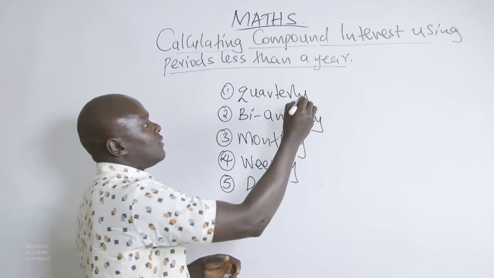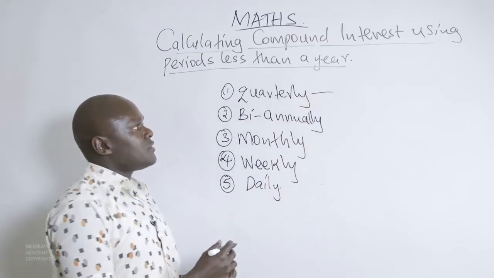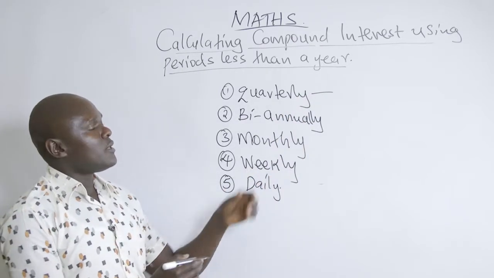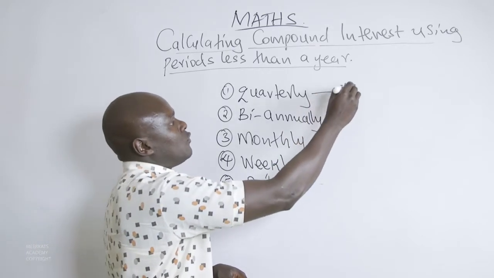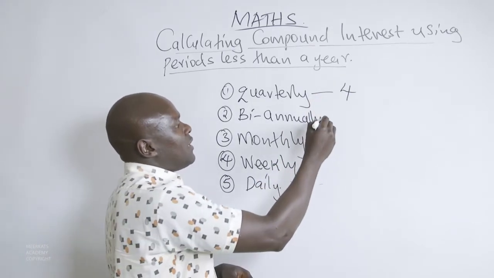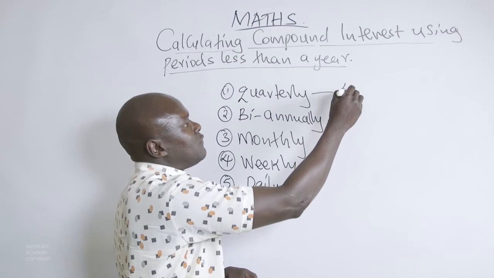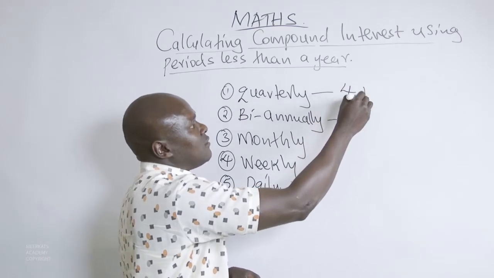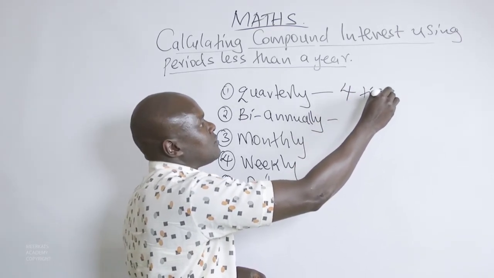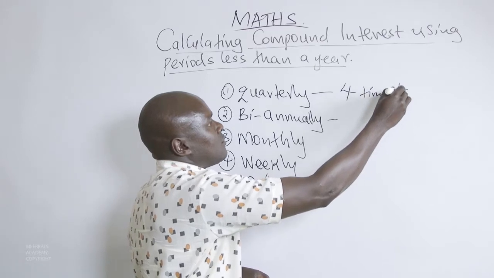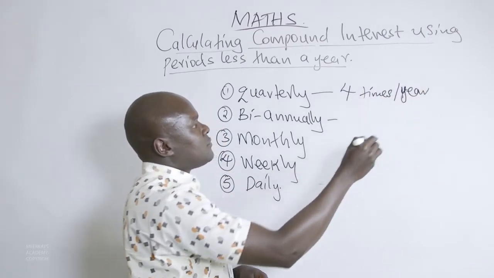When we talk of the interest being calculated quarterly, we know that in a year we have 4 quarters, so this is 4 times per year.